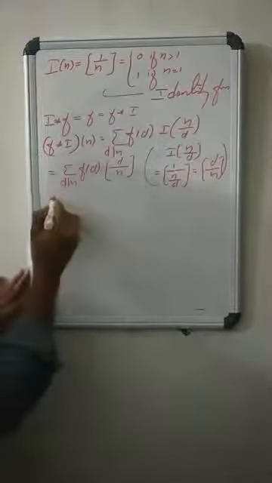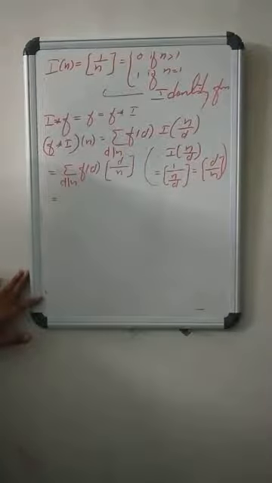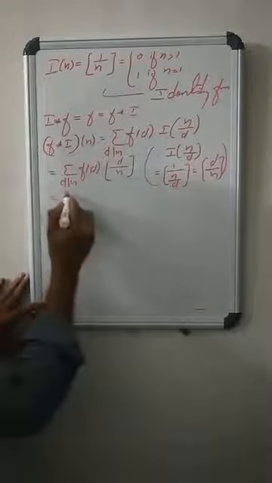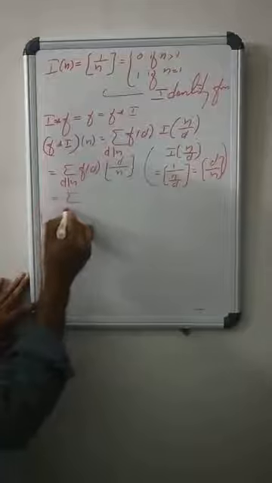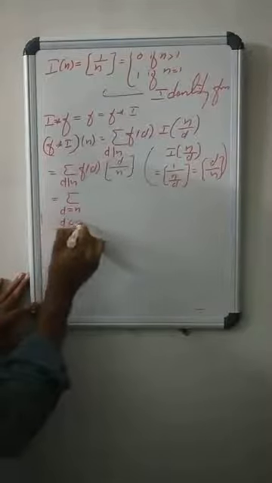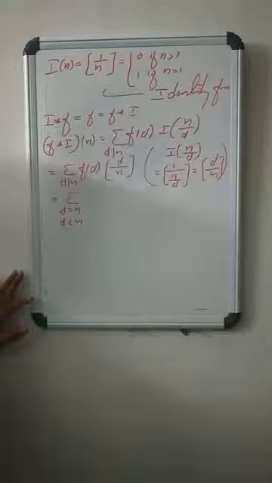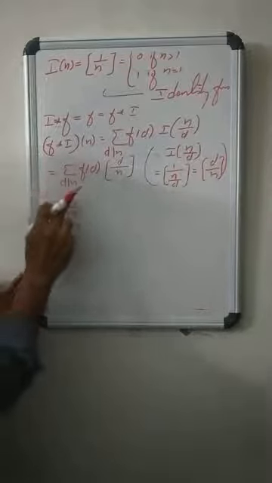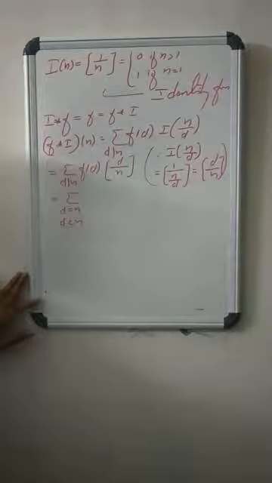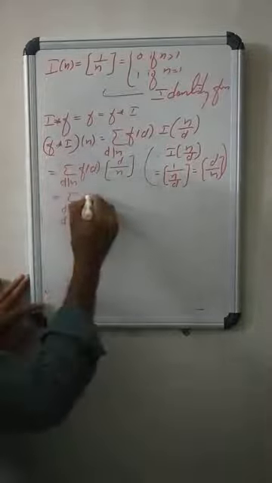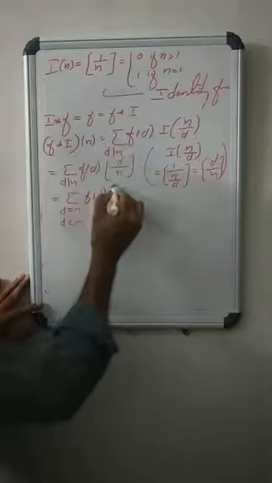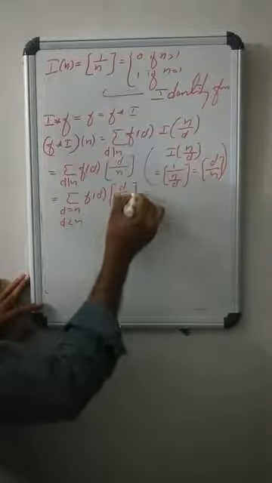So what is greatest integer d by n? There are two cases. Sigma over d divides n means d equals n, and d less than n, of f of d into greatest integer d by n.